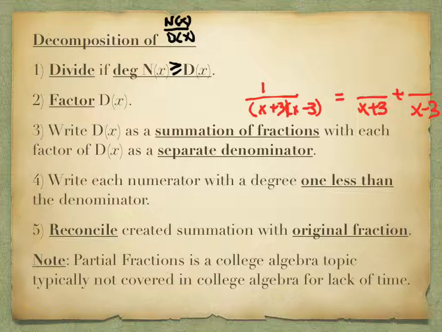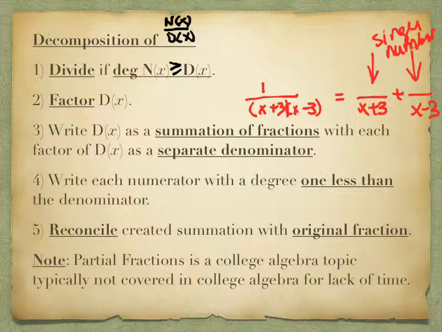What does something look like if it has a degree of 0? Like a 1 or just some kind of a constant, right? So if I had the number 5, that would be degree 0. So these numbers on top would be some kind of a single number here. And I'll show you as we work a problem how that actually plays out.